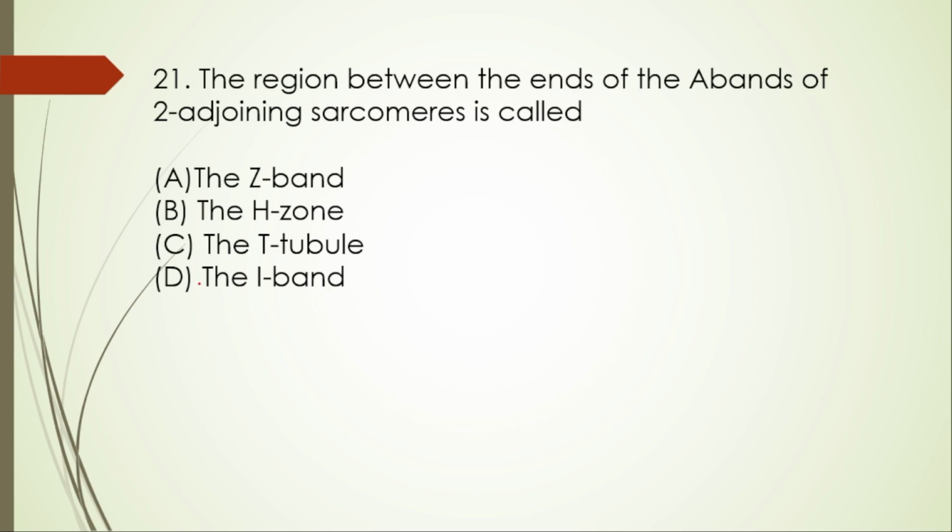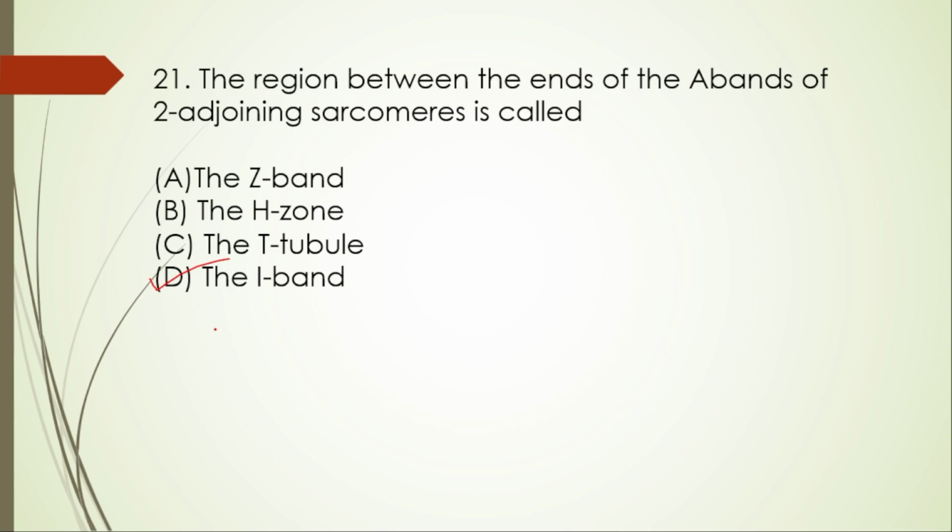So here the right option is D. The I band. In muscle anatomy, the I band is the light colored region that contains only thin actin filaments. It spans across the Z disc and covers the space between the ends of the thick A bands of the two adjacent sarcomeres. So here the 21st right option is D.